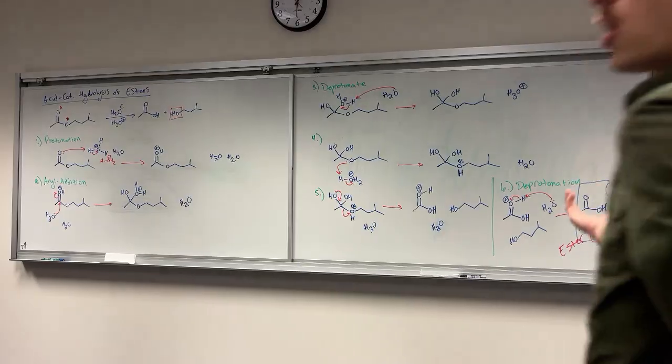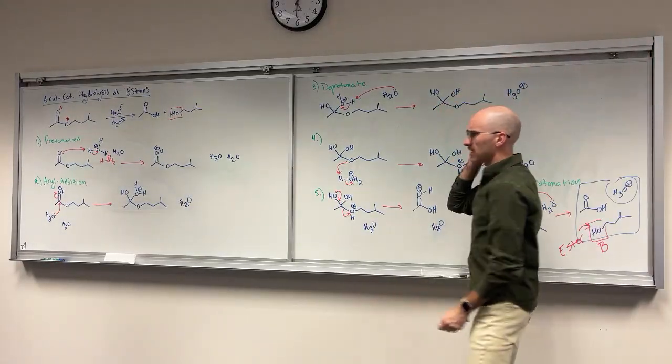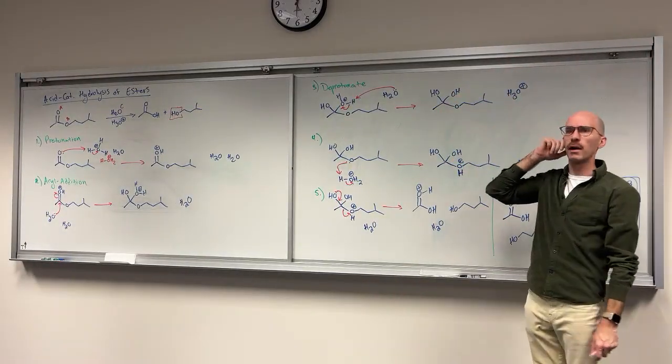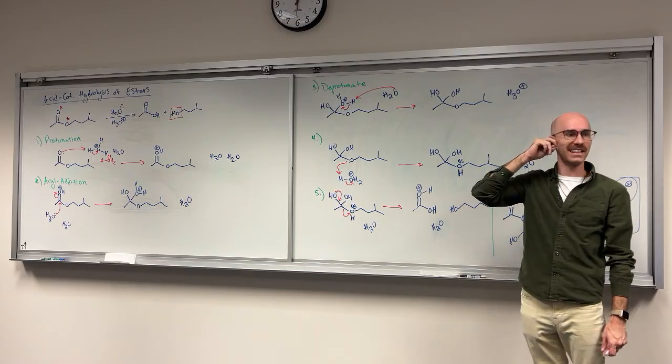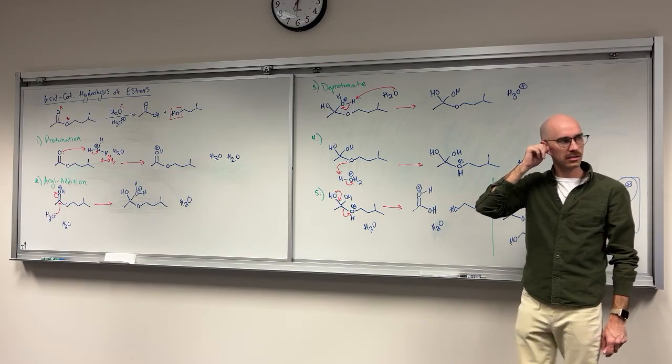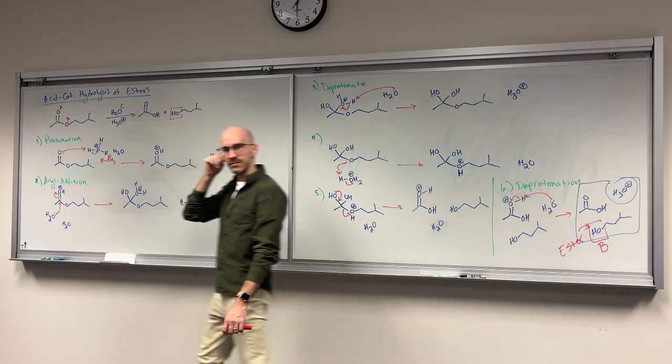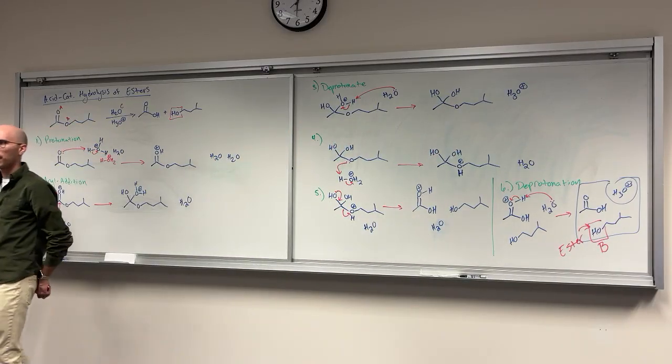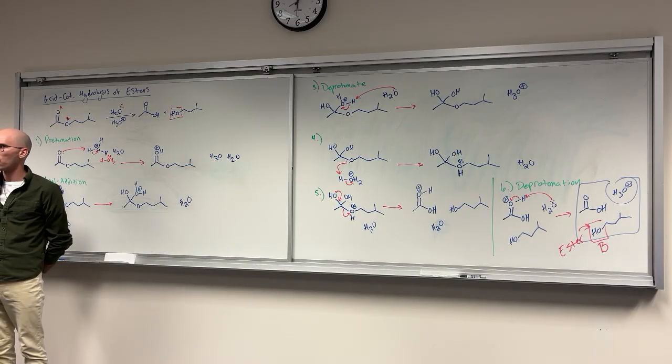This mechanism is plausible, but someone might say, no, I'll find another way to kick off a different oxygen. Could anybody suggest a way to map those atoms and watch them move through the reaction?